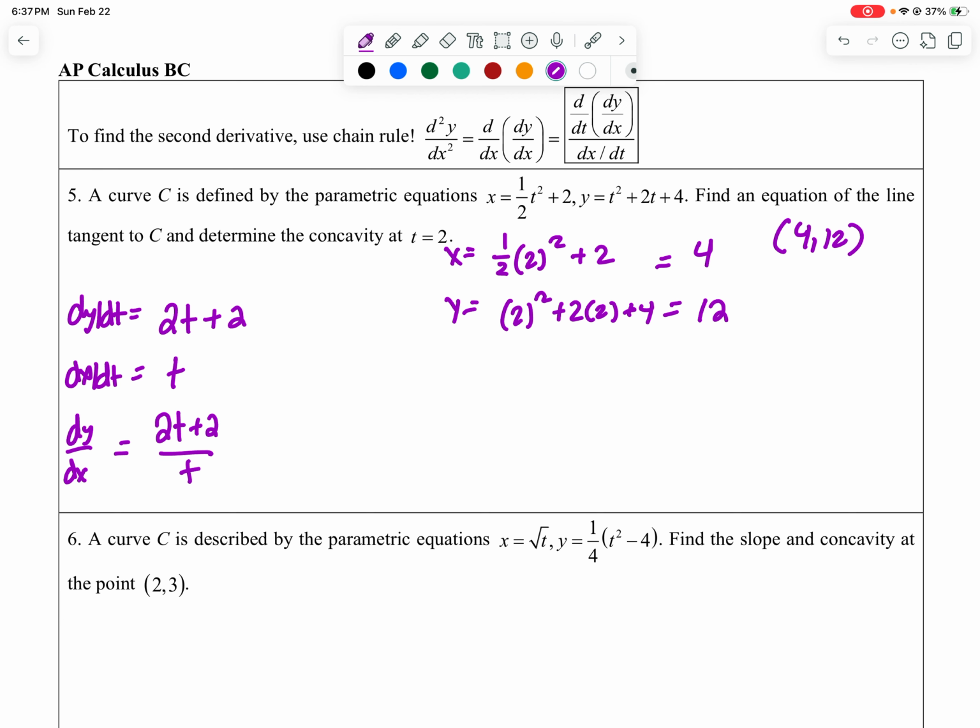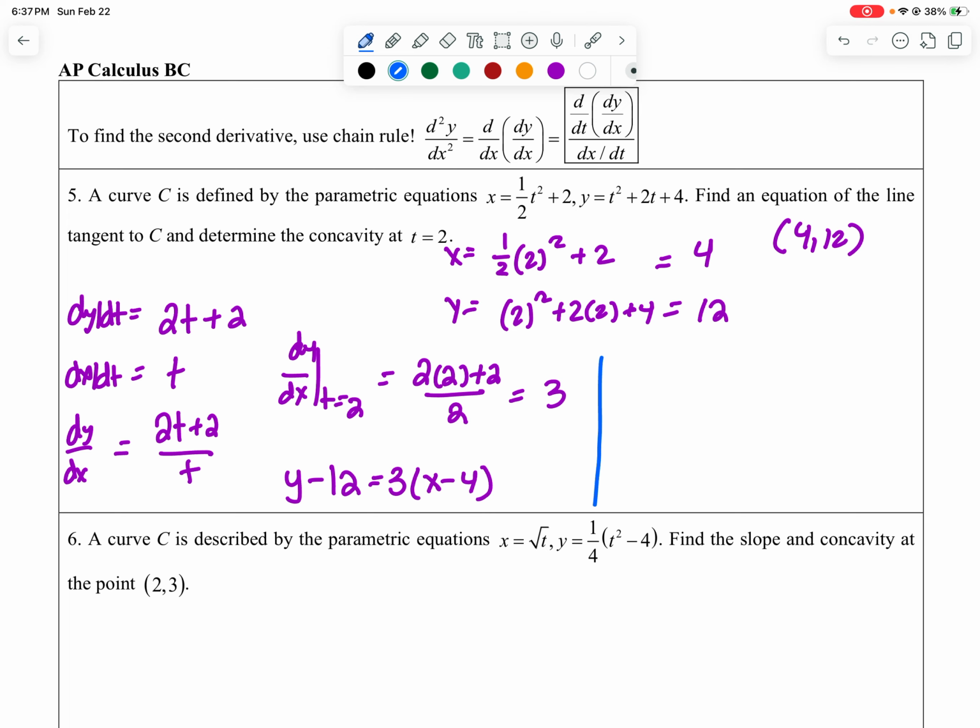And then if I were to plug in t is equal to 2 into dy dx, that's going to give us 3. So that means that my tangent line is going to be y minus 12 is equal to 3 times x minus 4. Okay, so that was part A, the equation of the tangent line.